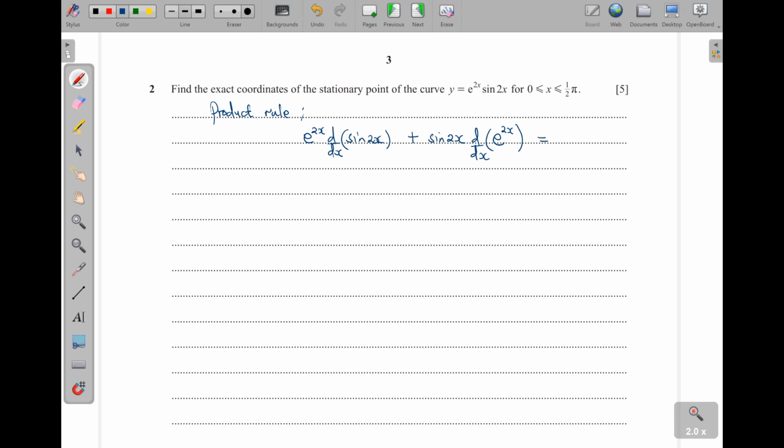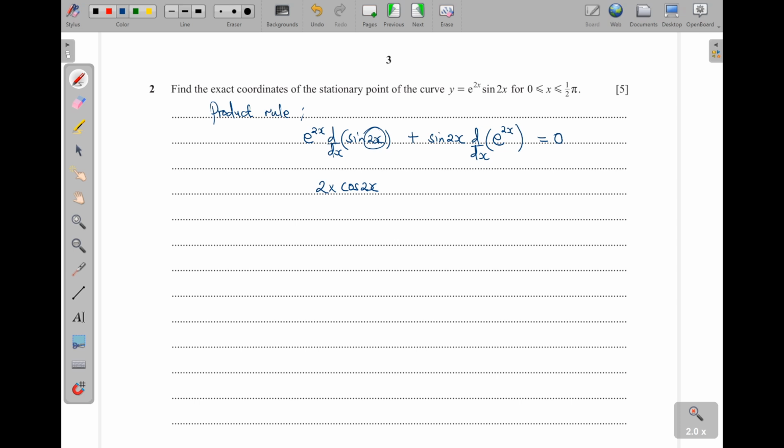Then from there, we can equate this to 0, okay? Because for stationary points, like I said, dy dx is equal to 0. Now, when you differentiate a sine, you get a cosine. So we shall have cosine of 2x, but we shall multiply by a 2, okay? Because when you differentiate this angle, we are using now the chain rule in there.